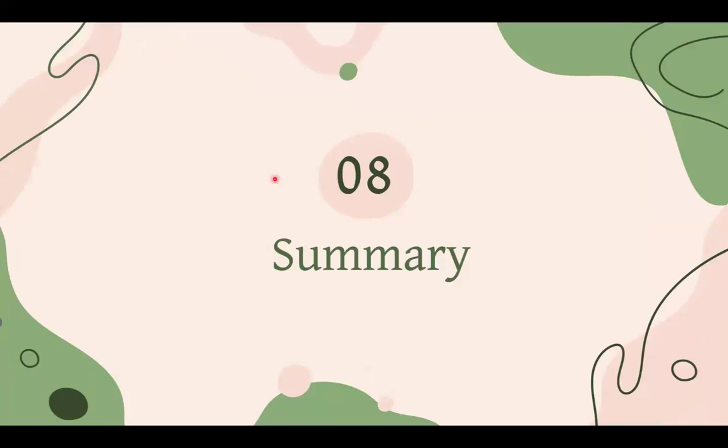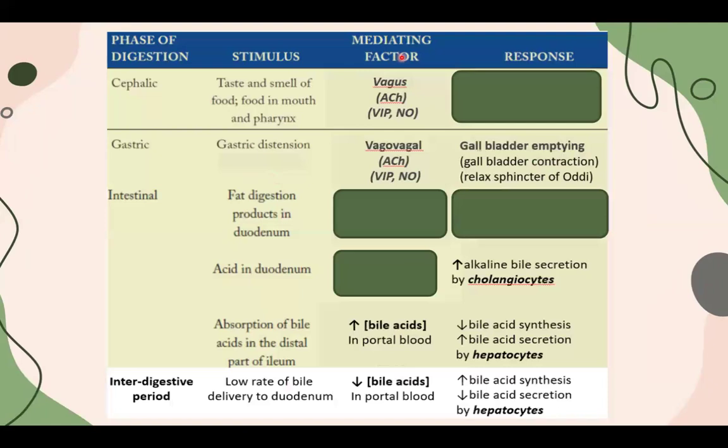Now, this table is basically a summary of everything we just said. Okay, now let's look into it based on the phases of digestion. The first one we have is the cephalic phase. It's basically when you eat food, the taste of the food acts as a stimulus to cause VIP and nitric oxide to get released through the vagus nerve.